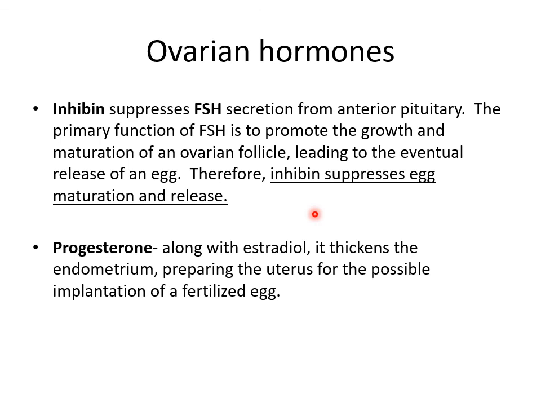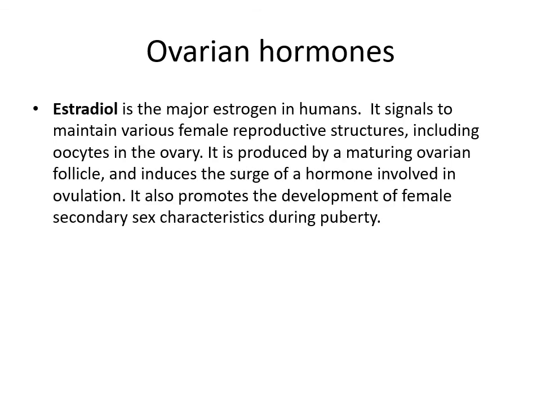Progesterone, along with estradiol, will thicken your endometrium and prepare the uterus for the implantation of a fertilized egg. The major ovarian hormone is the estradiol, and it works to maintain various female reproductive structures, including the oocytes, the eggs that are found in the ovary.